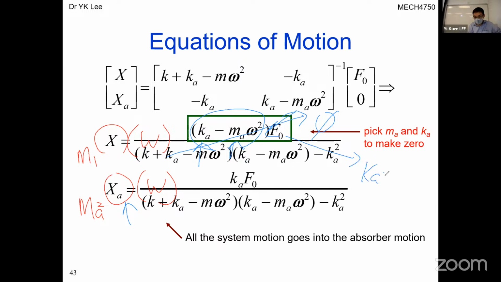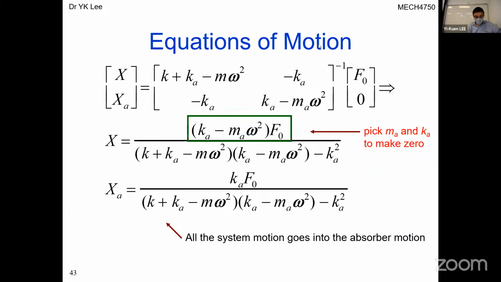To make this 0, we need to set a particular condition for a certain driving frequency omega, and make sure that Ka over Ma equals this particular frequency squared. That is one very important way we think about the design of a vibration absorber.